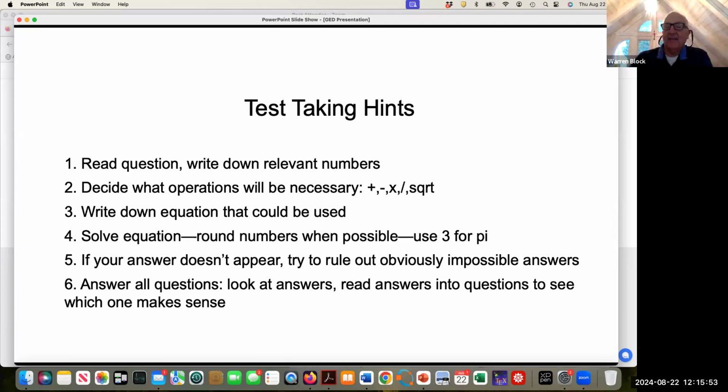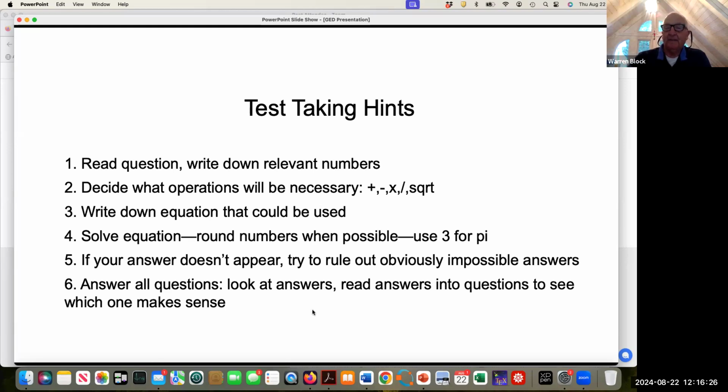Especially in these problems, I like to use 3 for pi, so I don't have to rely on my calculator, and then look at the answers and see if they're a little bit less than you might expect, or more, and see if you can pick out the answer that way. If you can't answer the problem, just try to rule out obviously impossible answers, or read the answers into the question and see which one makes sense.